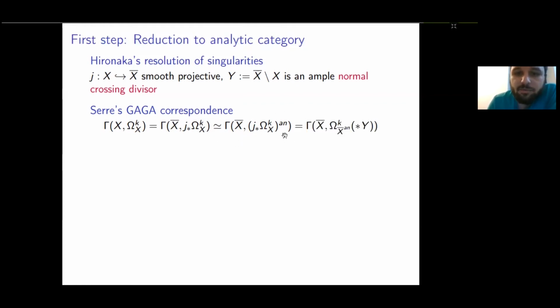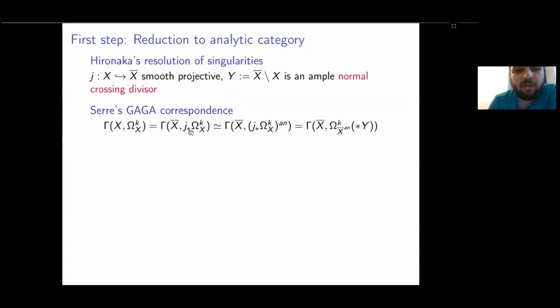The analytification of this sheaf is not very difficult to see: it corresponds exactly to the sheaf of forms with poles of arbitrary order along Y, right?